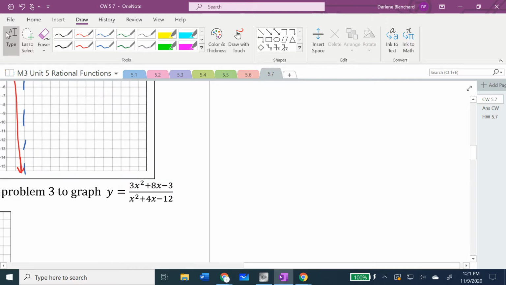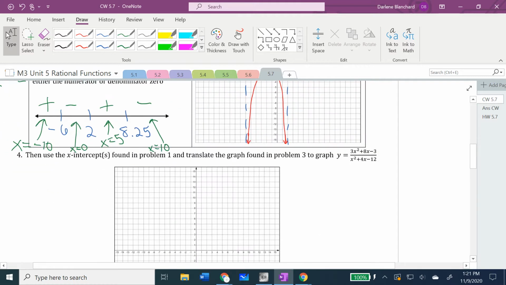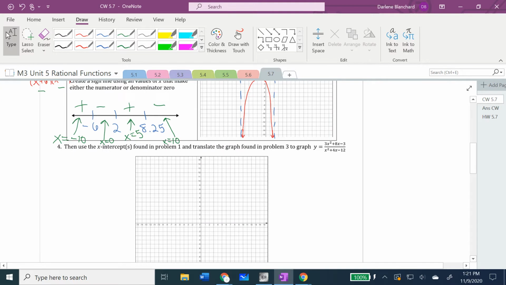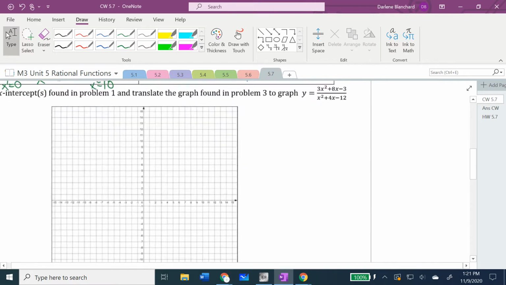So we're looking at how to graph rational functions when the numerator and the denominator have the same degree. That's ultimately what we're doing today. But we're going to make some conclusions tomorrow because first you need to learn this and play with it.